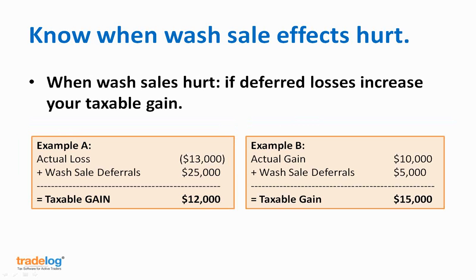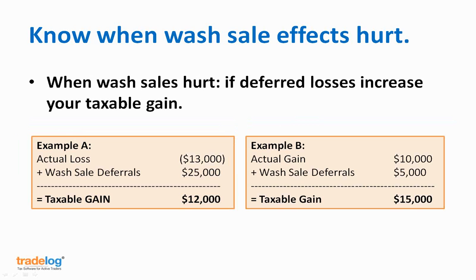First of all, example A, actual loss of $13,000. Say that you had a net loss of $13,000 for the tax year, but you have $25,000 in wash sale deferrals. In other words, $25,000 of your losses cannot be taken because they're attached to positions that are currently open.